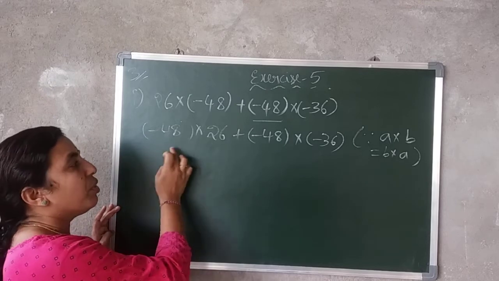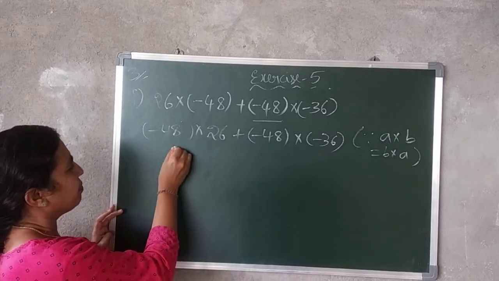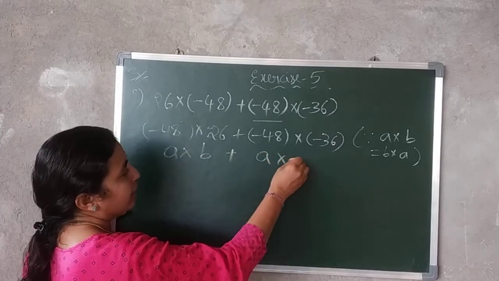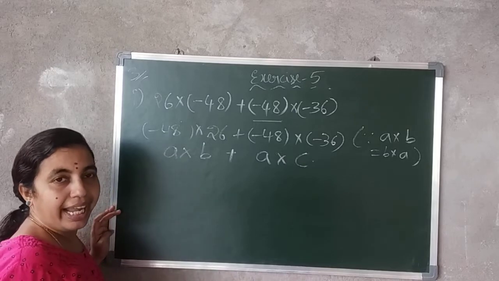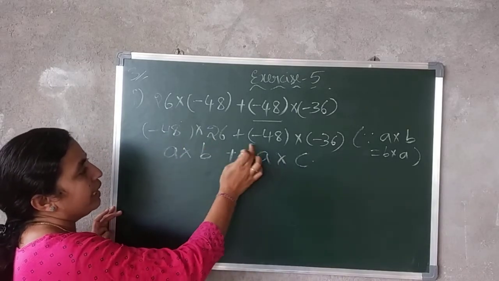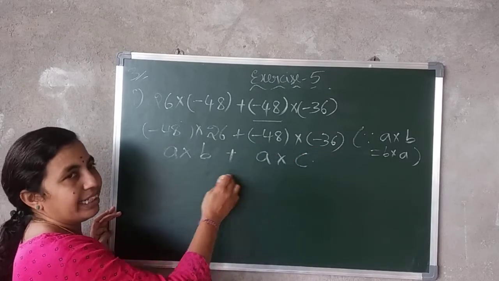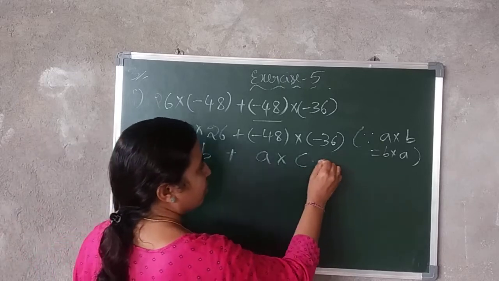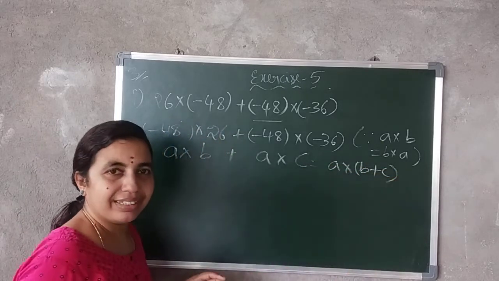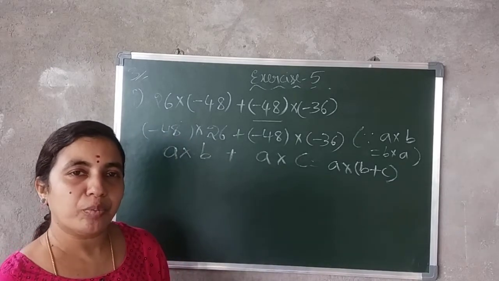Okay. Now if you observe this, it is in the form of A into B plus A into C, which is equal to A into B plus C. That is the distributive property. Yesterday I explained the distributive property.